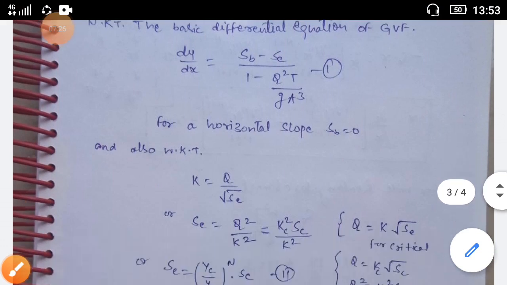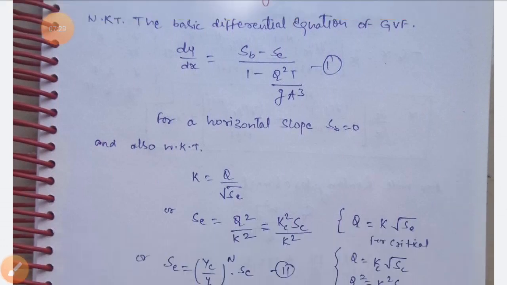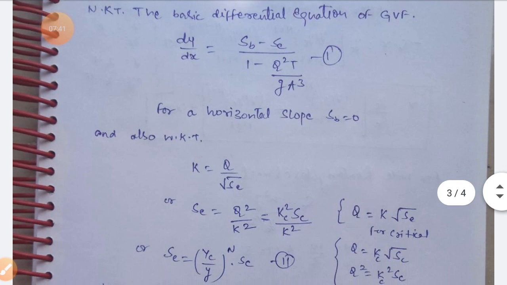Now some modification is needed in terms of our SE. So how can we modify that? We already know that K is equal to Q upon under root SE, or we can say SE is equal to Q square upon K square.